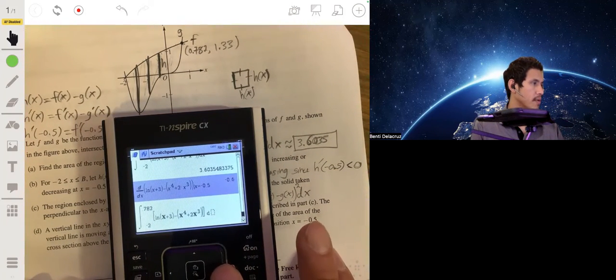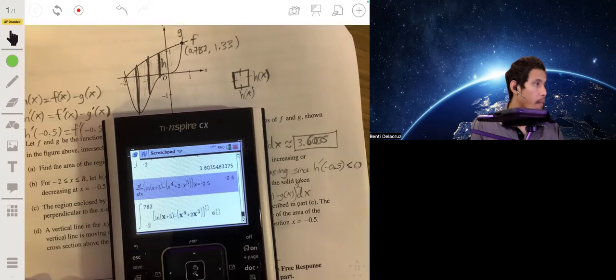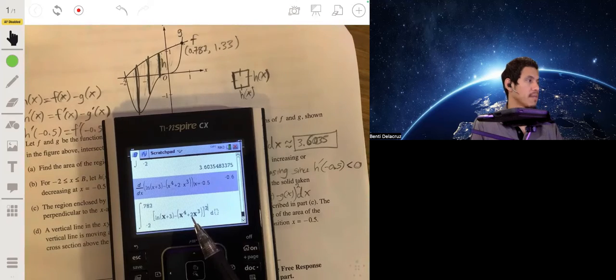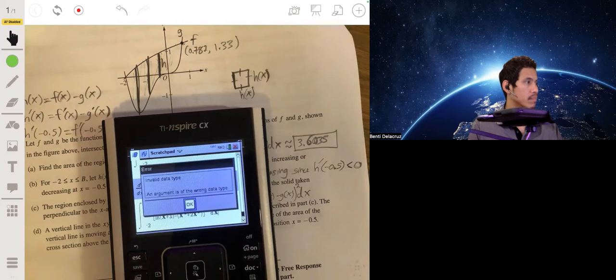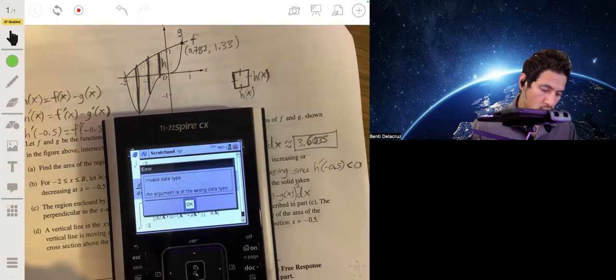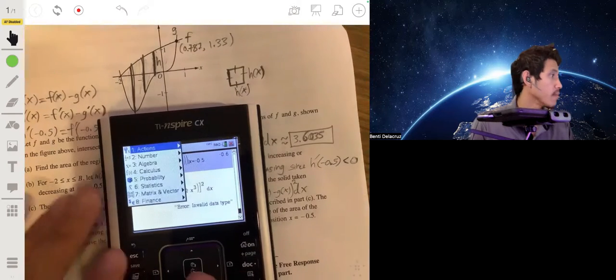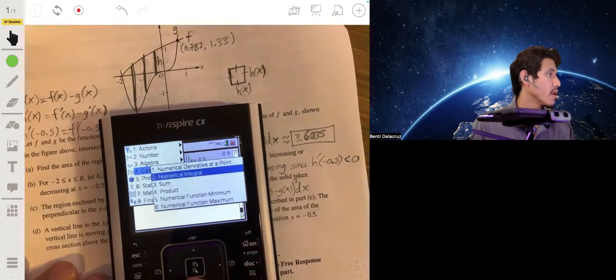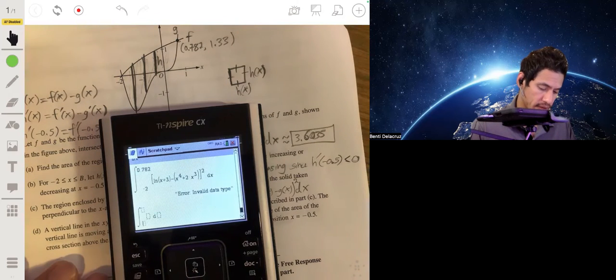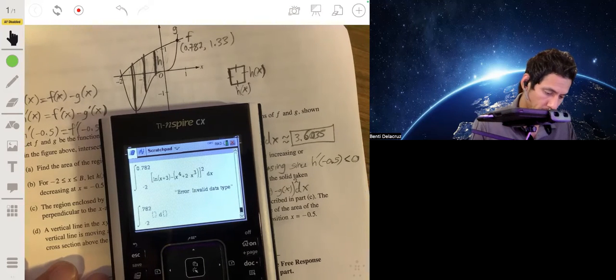Now this entire expression needs to be squared. So remember, this expression here is h of x. We integrate that, and that should give us our volume. I entered the brackets wrong, that's annoying. Let me do it again, quickly. 0.782.